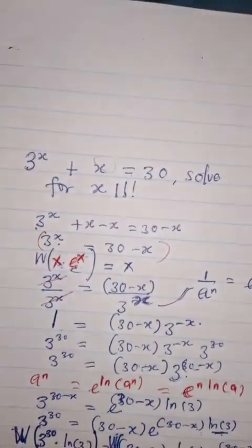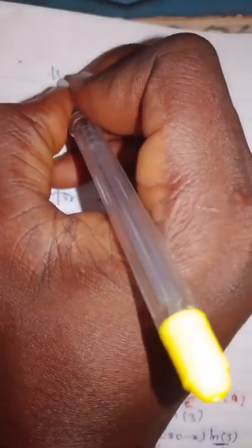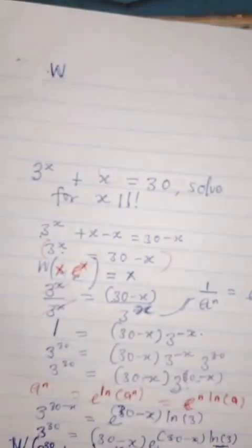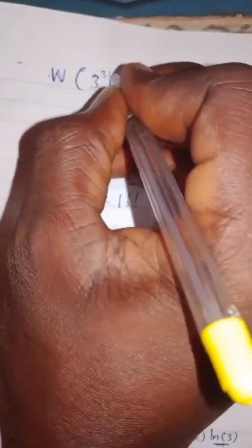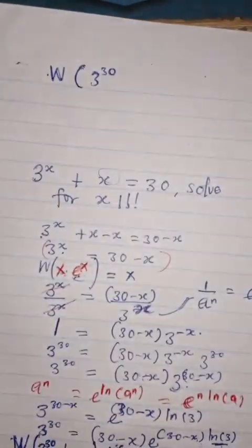So continuing the question here. Now we have the Lambert W function of 3 raised to the power of 30, then multiplied by natural log of 3.